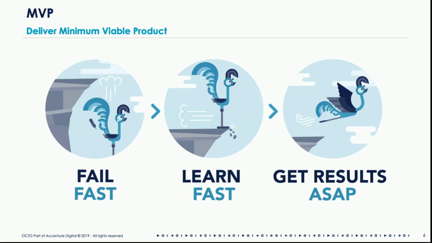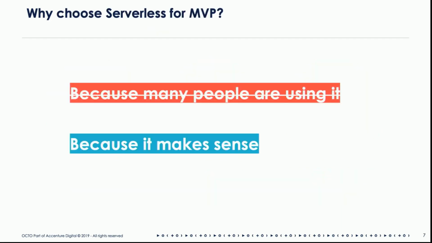And so we started to work on this idea as an MVP. As you all know, an MVP is a minimal viable product, and it's all about think big, start small, deliver fast, fail fast, and get results quickly. And why did we choose serverless for our MVP? Well, we were definitely not doing some hype-driven development.